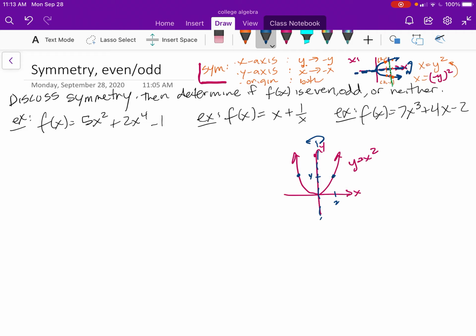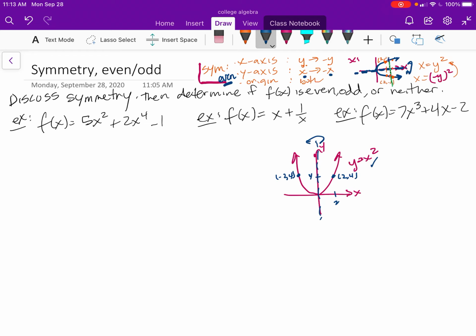The y's now stay the same, right? 2, 4, but the x becomes a negative. So if you replace x with negative x, you'll get the same thing, and that would be true here. More important, we call this an even function. Okay, anything symmetric about the y could be an even function if it's a function.